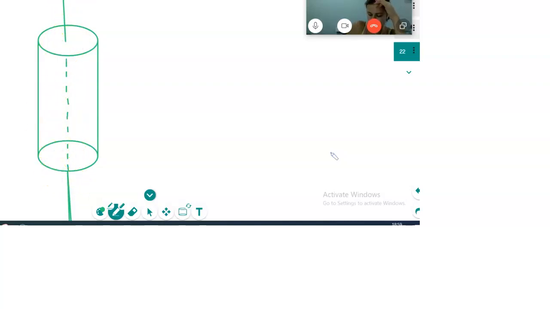So let us say, which side should I give, YY or ZZ? Okay, I will give X, YY. Now I want the moment of inertia about this axis passing through this center.